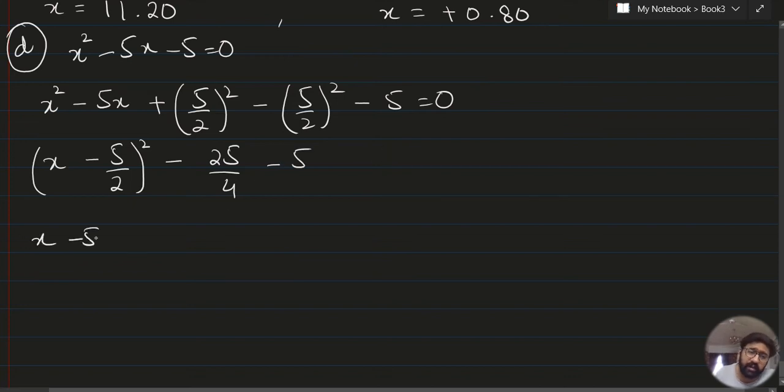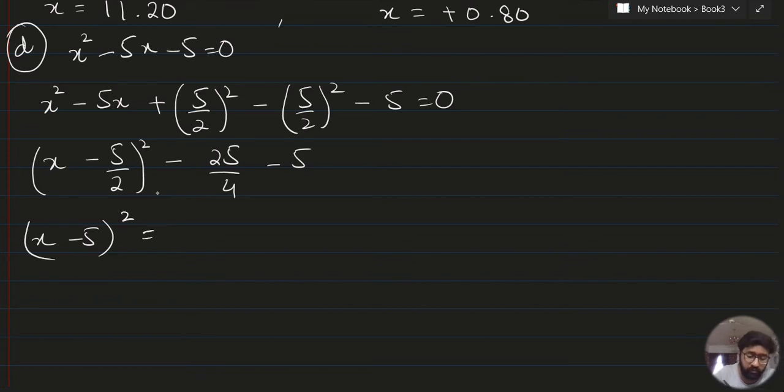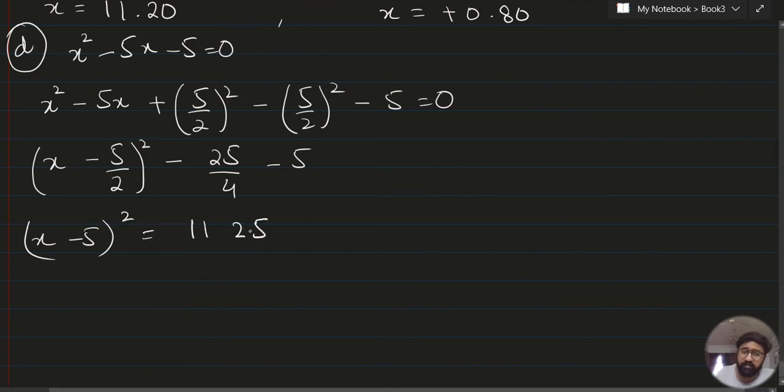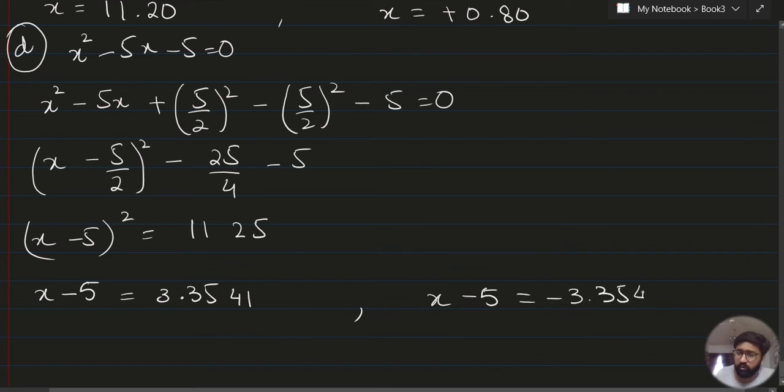So the value of x minus 5 whole square is equal to, actually, it is going to be 11.25 added on the other side. So taking the square root of this number, we are going to have x minus 5 is equal to 3.3541 positive, as well as the same thing in negative, minus 3.3541.